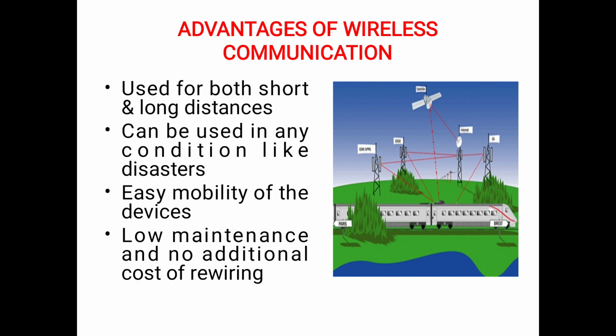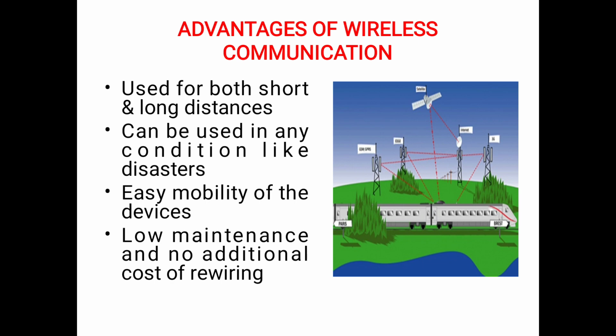What are the advantages of wireless communication? It is used for both short and long distance. For long distance also we can use wireless communication, because it can connect to the satellite. So the transmitter, the antenna, can send to the satellite, then the satellite receives and sends it again back to the receiver section.